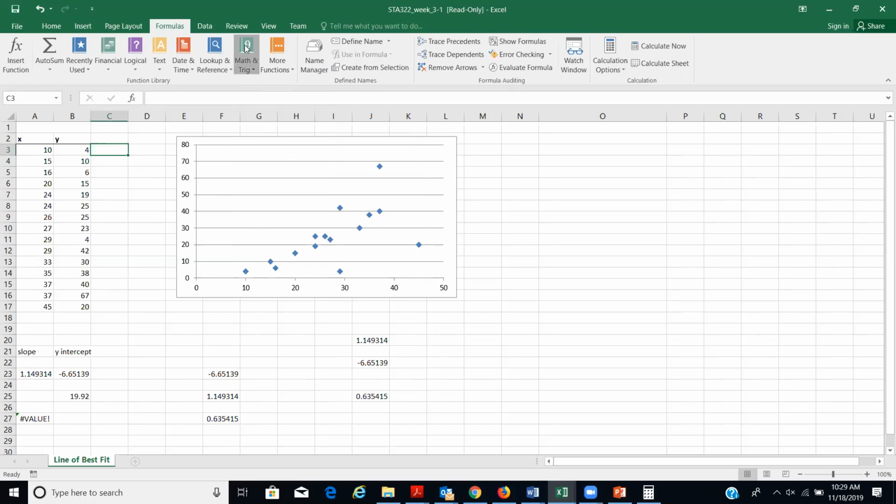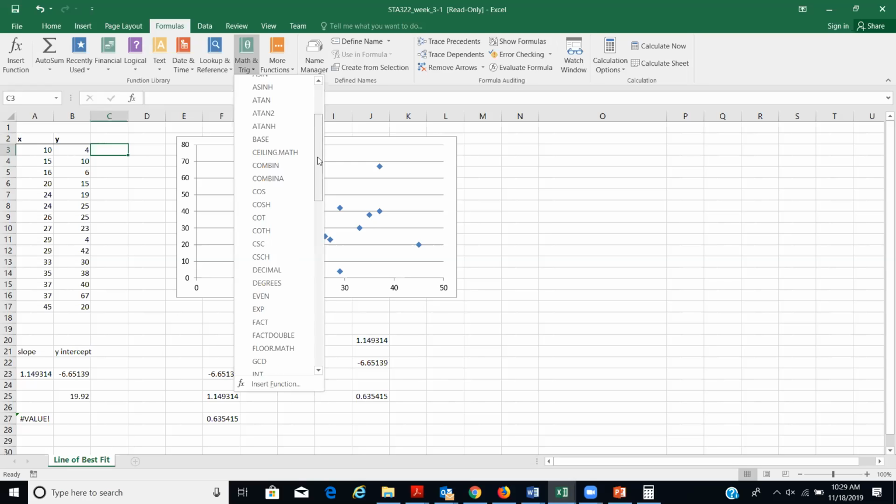No, formulas. I just don't remember. They changed Excel from when I learned to use it, and I haven't done that in a while.